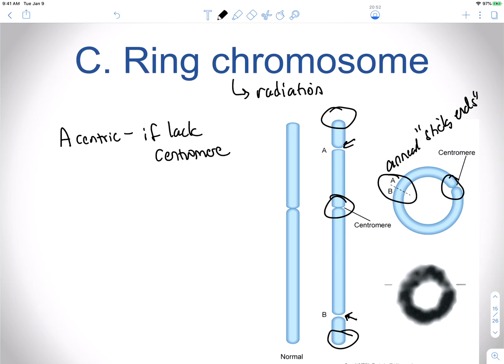So a ring chromosome missing a centromere would be, for example, if the break occurred here. So here this is C, oops, sorry, with this C, and then this would be D, and again you have your sticky ends, and so you get your ring with your D and C together, and this would have no centromere.